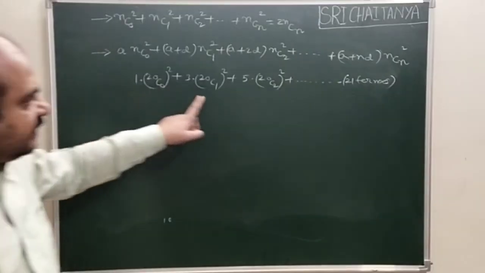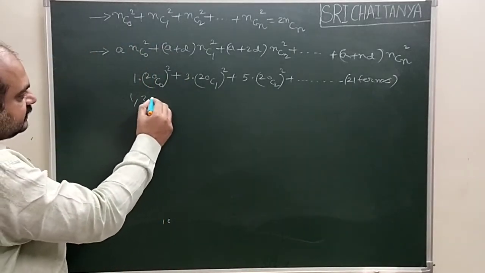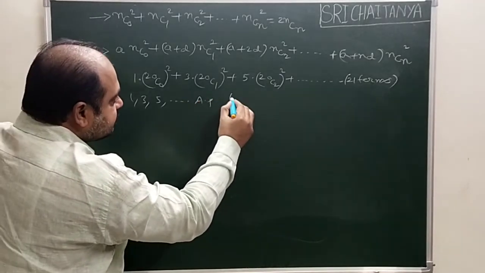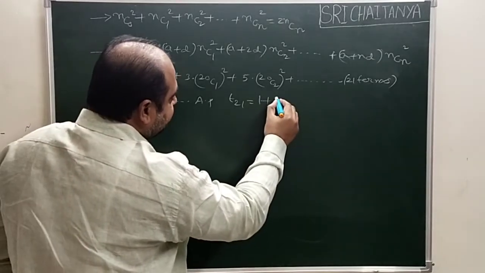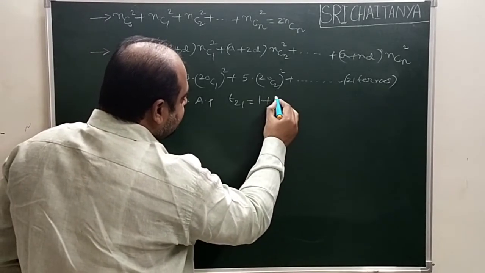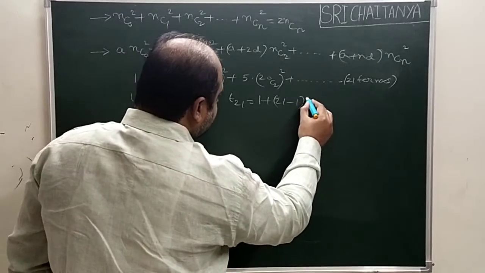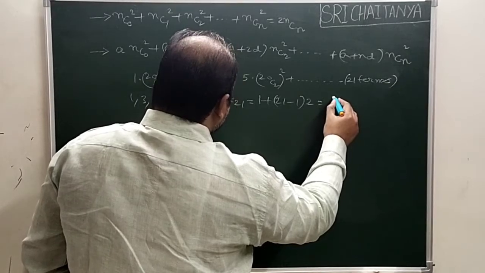So first what we will do is we will find the 21st term. That means 1, 3, 5 and so on. They are in AP. So what is T21 in AP? A plus (n minus 1) into common difference.